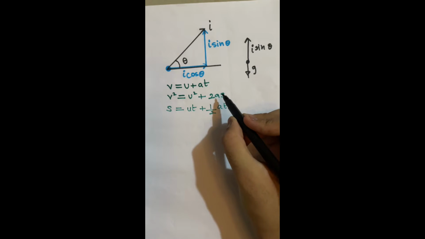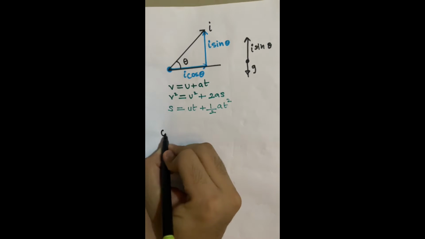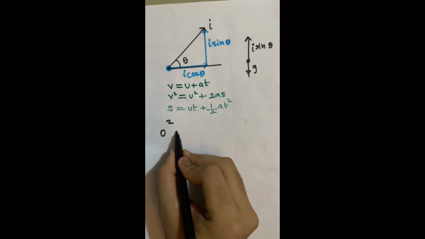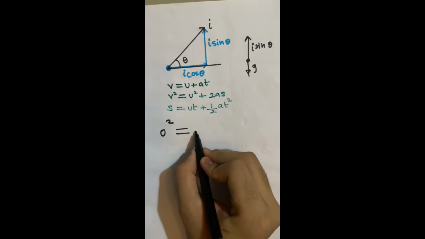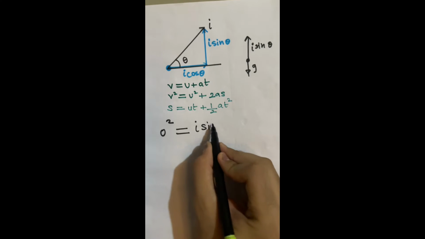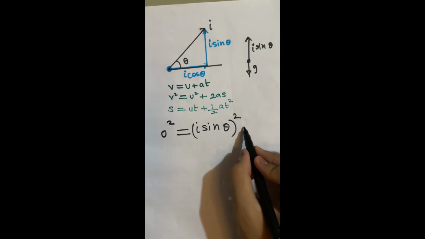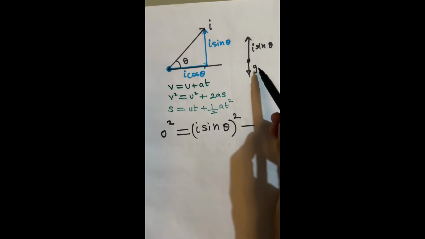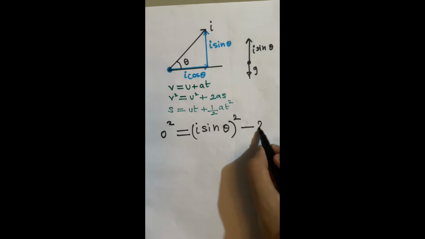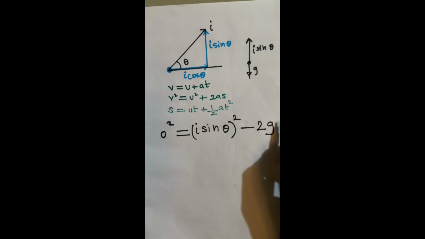Therefore, we can rewrite this equation as 0 squared is equal to I sine theta squared minus, I am taking the minus out of the g over here itself, 2g and maximum height.